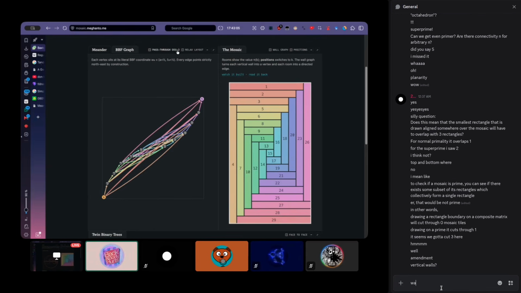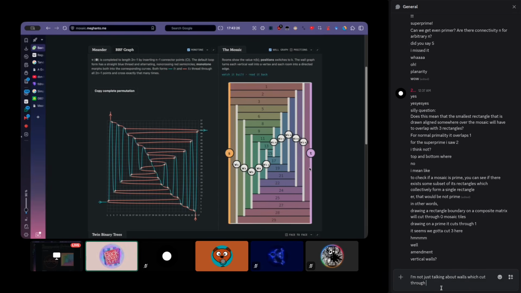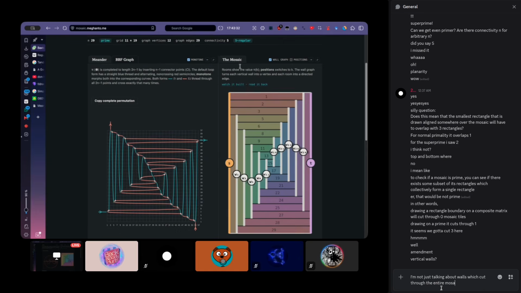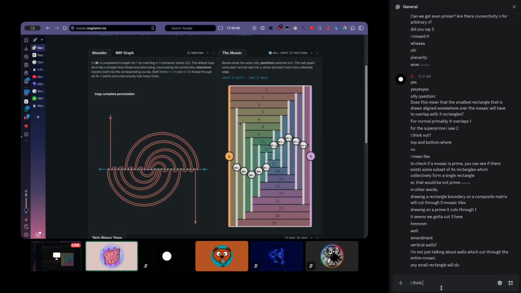So if you look at the wall graph, all the nodes of the graph are the vertical walls. We are not really looking at the horizontal walls for the graph. So the graph's connectivity is a function of the rectangles and the vertical walls. Yeah, so this is cutting through the entire mosaic, right?